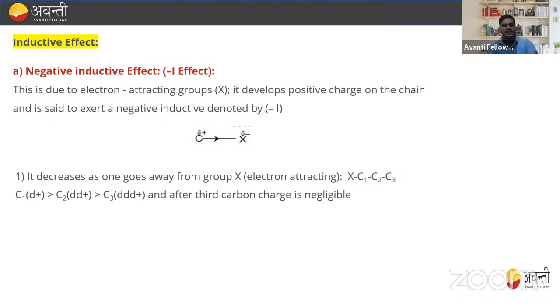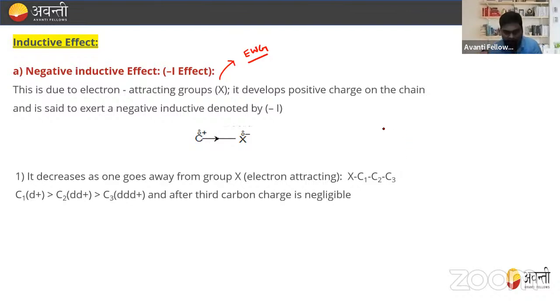The negative effect comes into the picture when electron attracting groups, like a halogen, are attached to the carbon atom. It develops a positive charge on the chain and is said to exert a negative inductive effect, denoted by minus I.